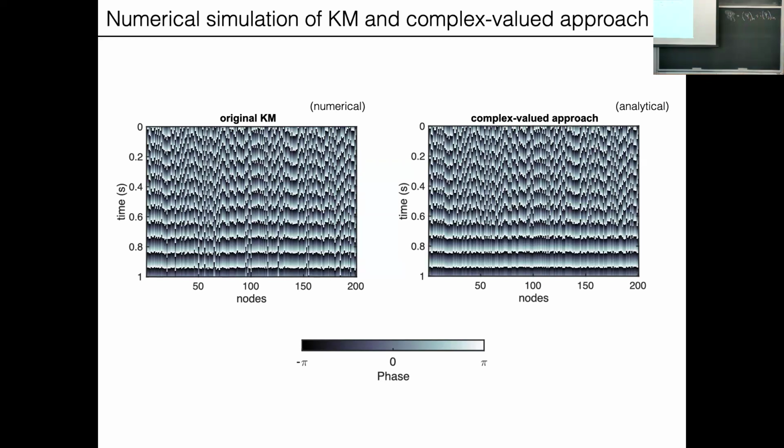So here I'm just breaking up the complex number psi j into its real part and its imaginary part, and pulling out the i there.